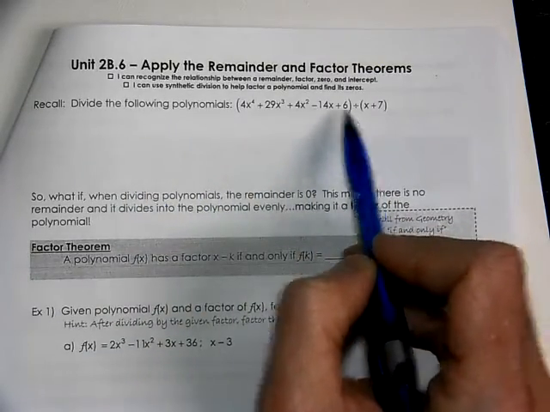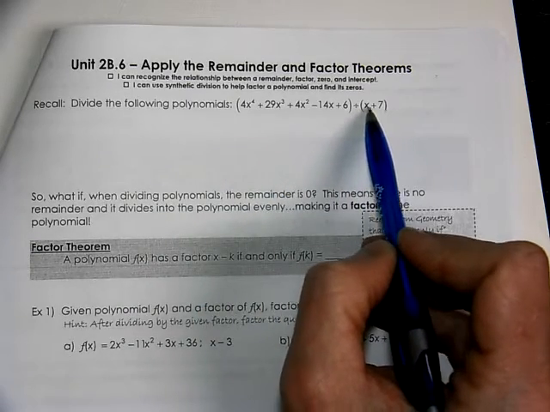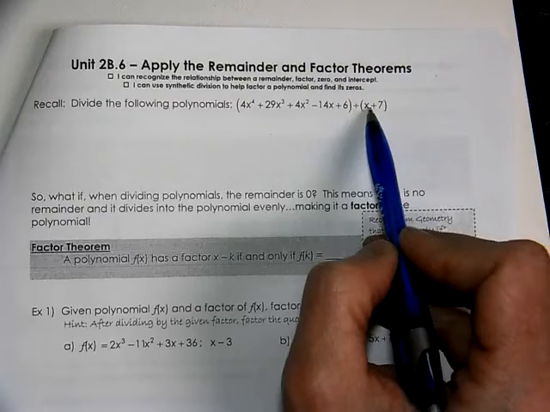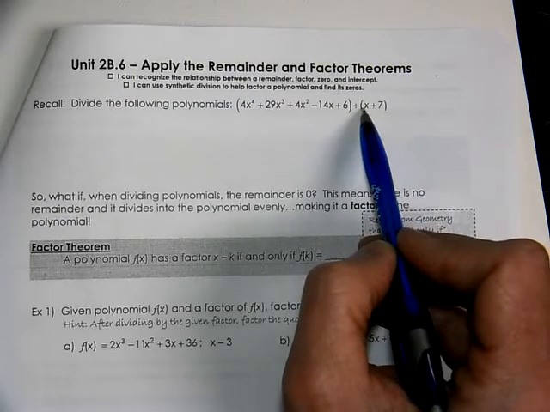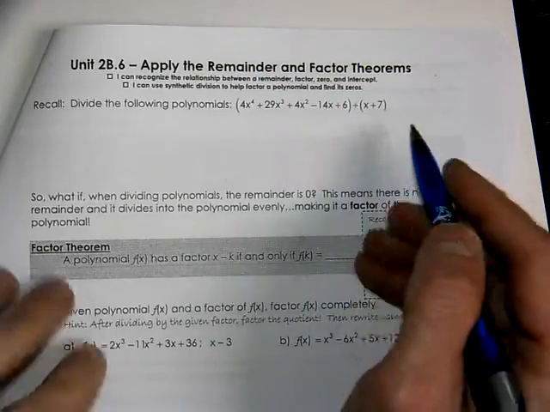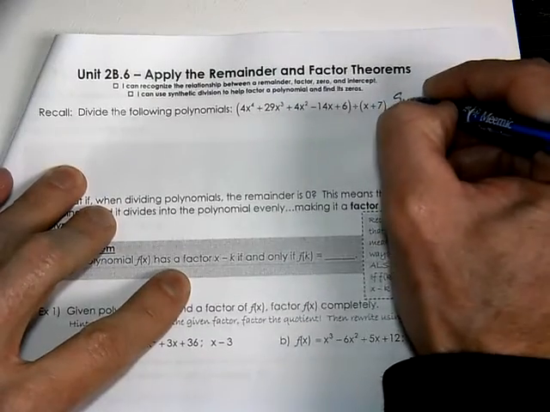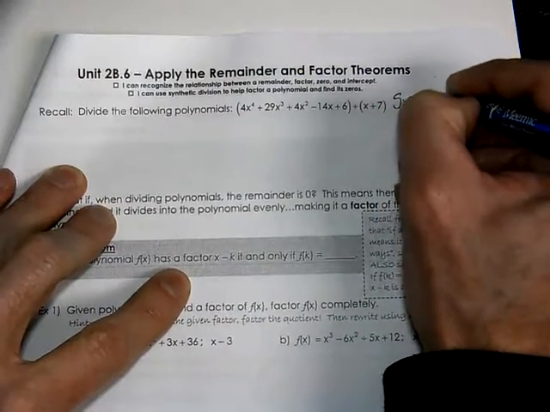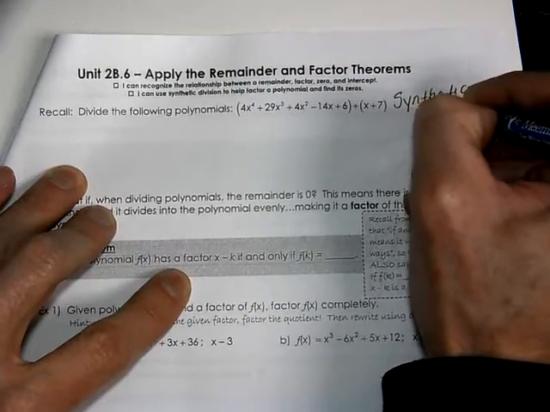a problem like this? Notice we have a polynomial and we're dividing by a linear polynomial. As long as it's x to the first power, and it's very helpful when the leading coefficient is 1, we can use synthetic division.